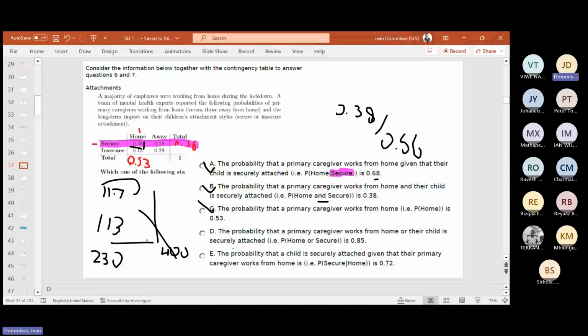Okay, so let's look at option D, the probability that the primary caregiver works from home, or their child is securely attached. Home is 0.53, or secure is plus 0.56.